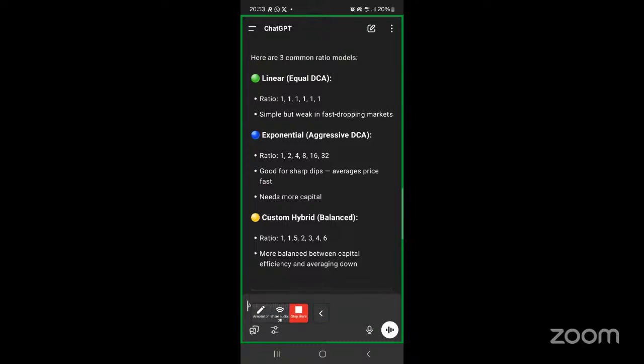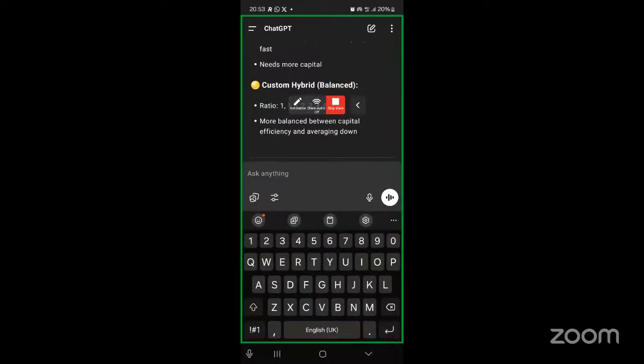The question you would ask is, how did you arrive at the custom ratios?